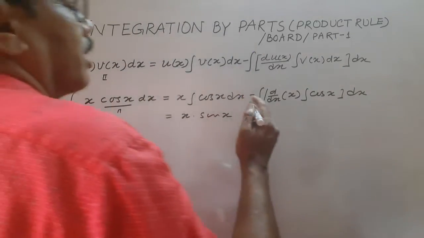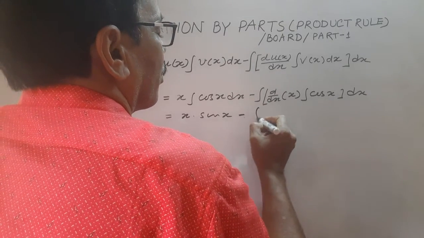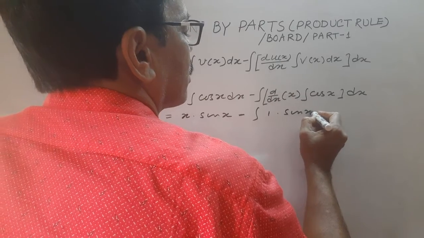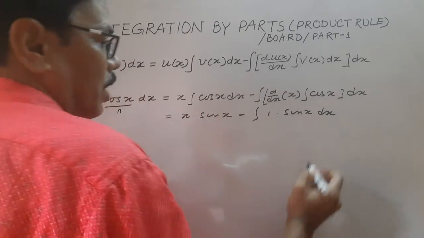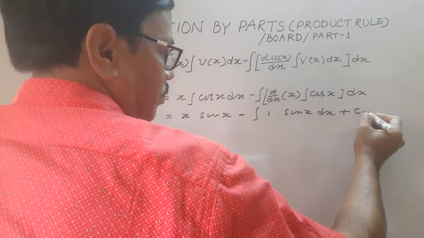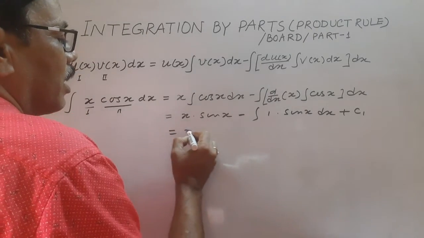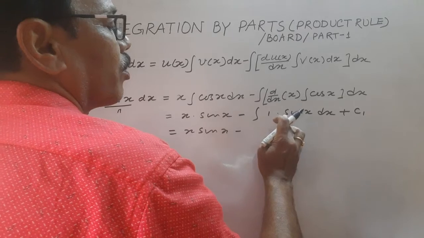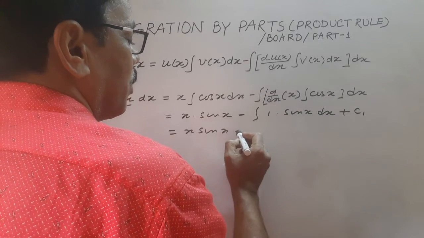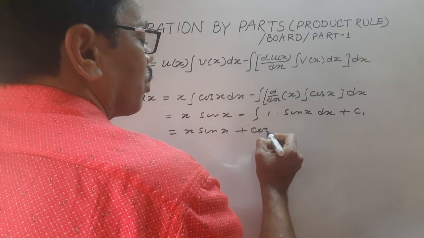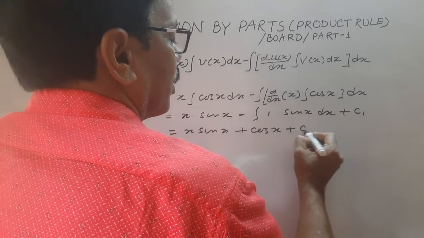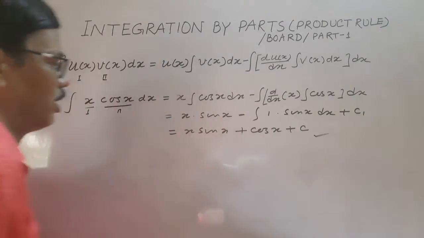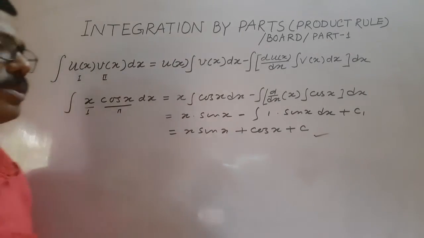So x sin x minus, this is 1, this is sin x, then dx plus c1. So x sin x minus, the integration of sin x is minus cos x. So cos x plus c, where c1 plus c2 equals c.